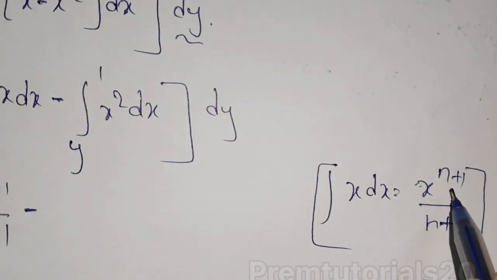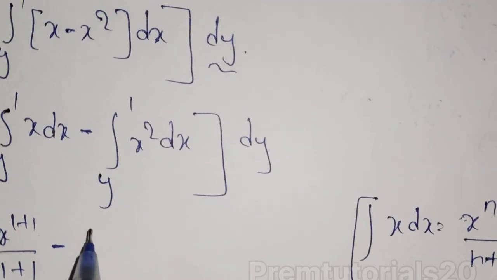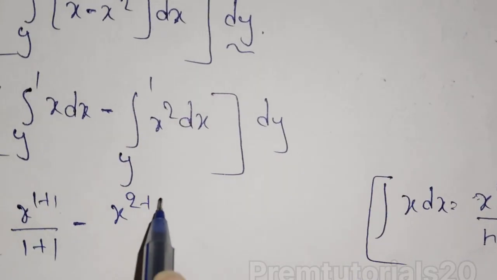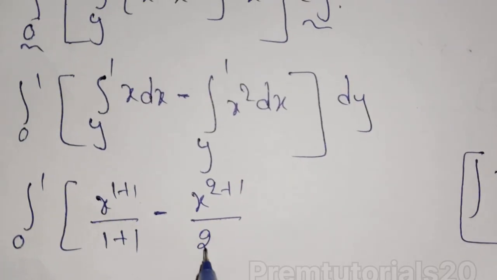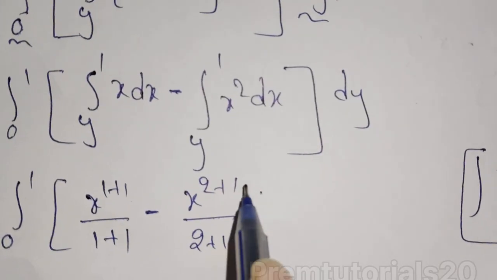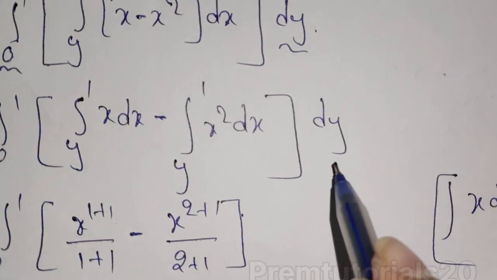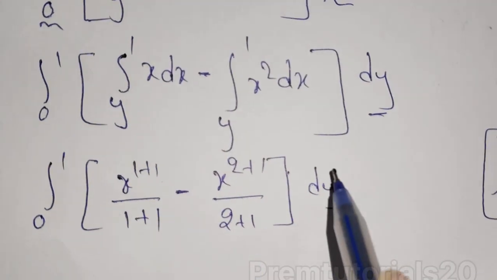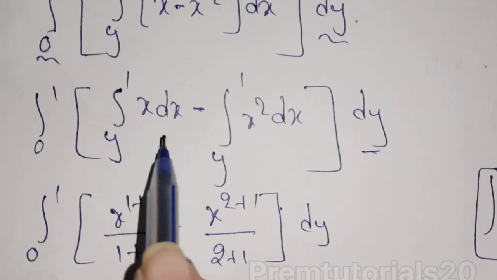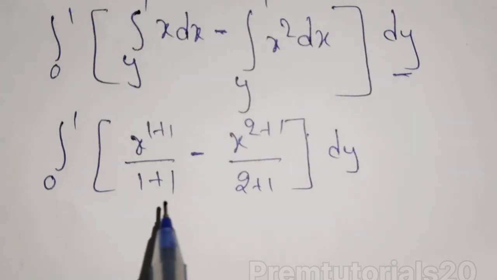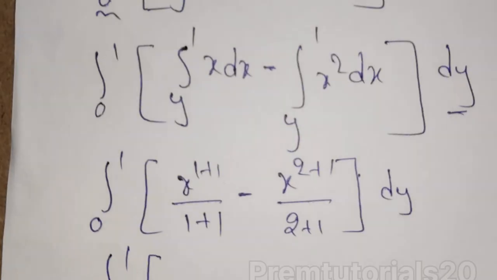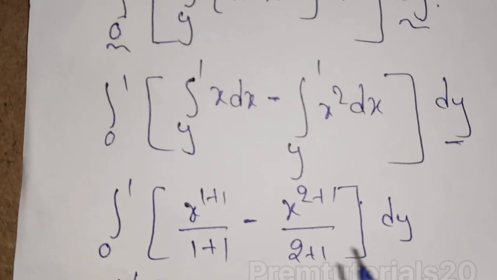In the place of n we have 2 here, so we write x power 2 plus 1 by 2 plus 1. So dx is eliminated, and dy remains. After solving with respect to dx, we get the value in the form of x.